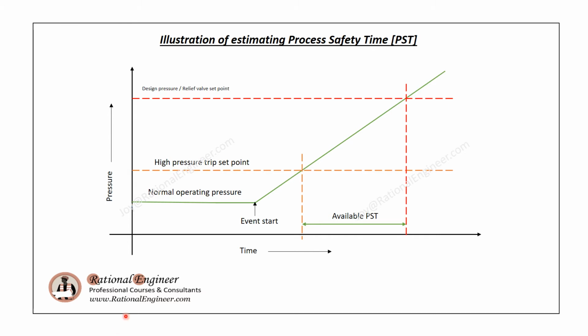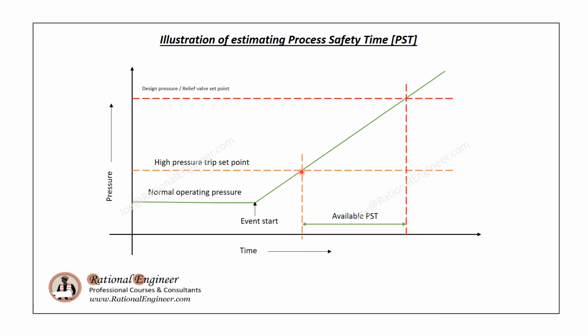Let's try to understand how the pressure will behave in such a process upset event. In this graph, this is a pressure versus time graph. Prior to the event, the pressure in the vessel is at its normal operating conditions. As the blockage occurs on the outlet, additional moles of gas keeps coming in from the source and the pressure starts rising.